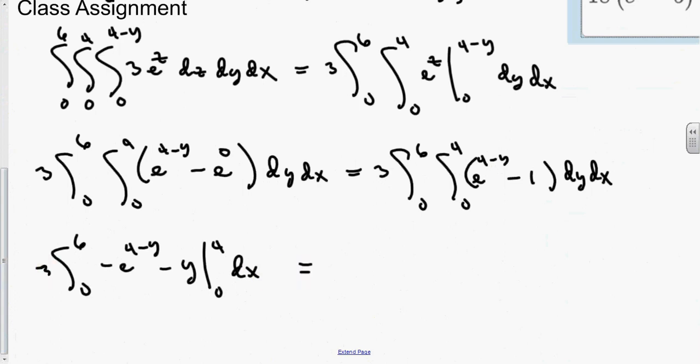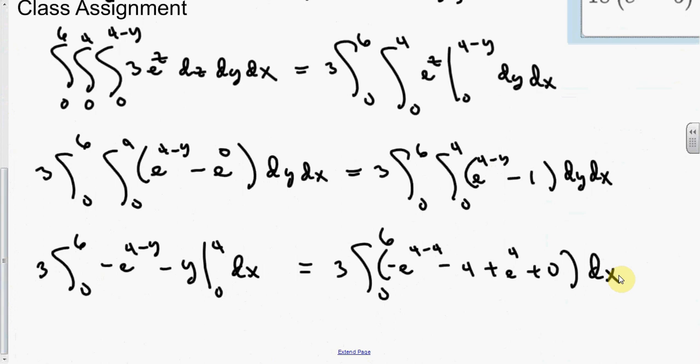This is a 3 there. So this is 3, the integral from 0 to 6. You have negative e to the 4 minus 4. Just a 3. I'll put the negative here. So then this is minus 4, and then we evaluate at 0, so this becomes plus e to the 4 plus 0, dx.